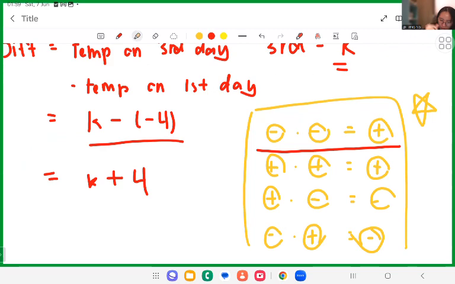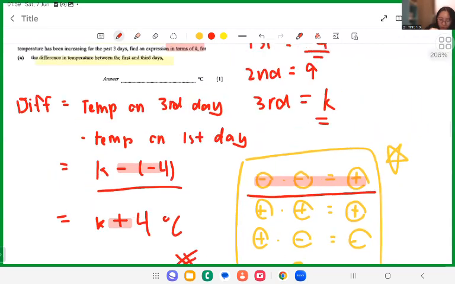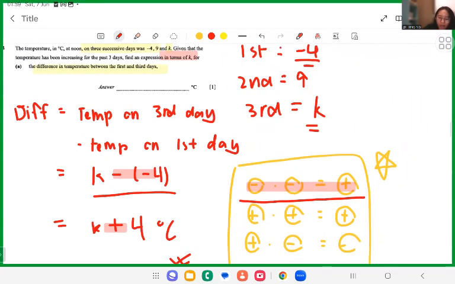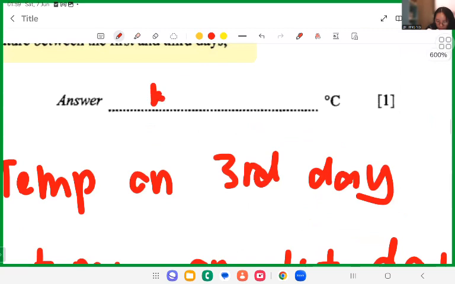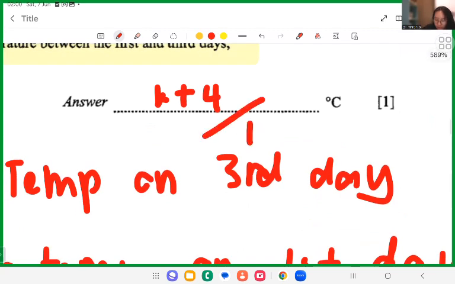Okay, highlighted this part so you can see it more clearly. And also don't forget to include the unit, which is degrees Celsius. And then you can write down this K plus 4 at the answer space. K plus 4. For this, you can get 1 mark.